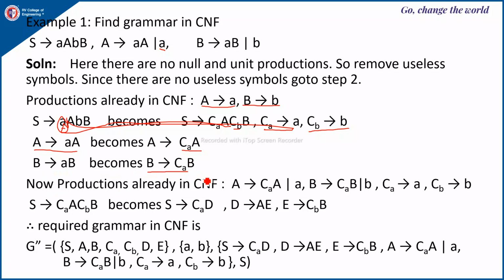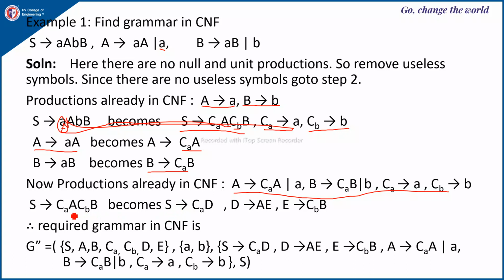Now the productions which are already in the CNF are these two productions, as well as CA derives a and CB derives b, along with A derives CA A, B derives CA B. All these are already in the CNF. Now consider those productions which are not in the CNF. This production, S derives CA A CB B, I will convert into normal form.